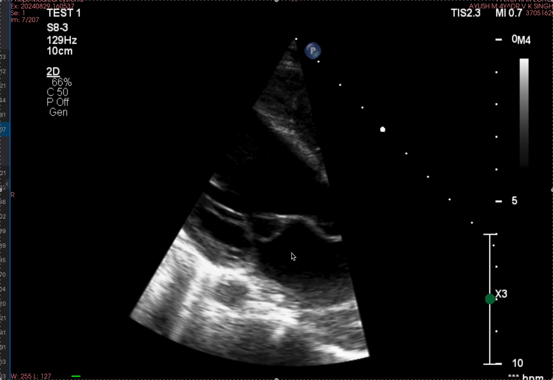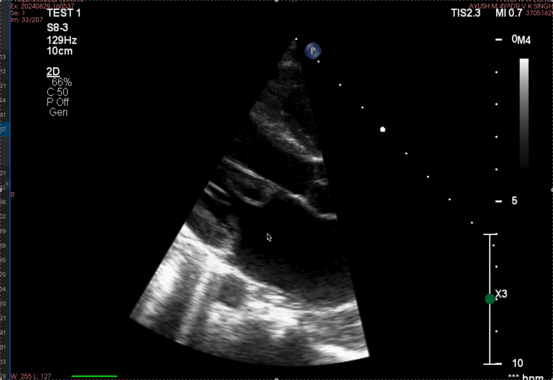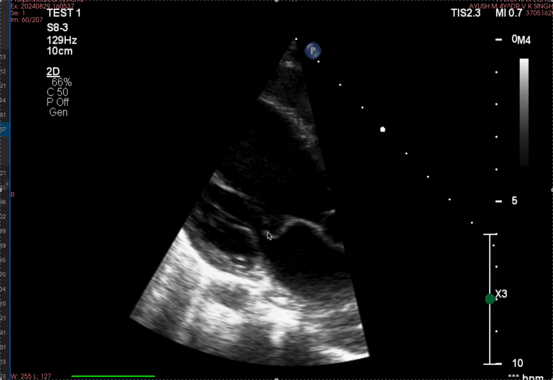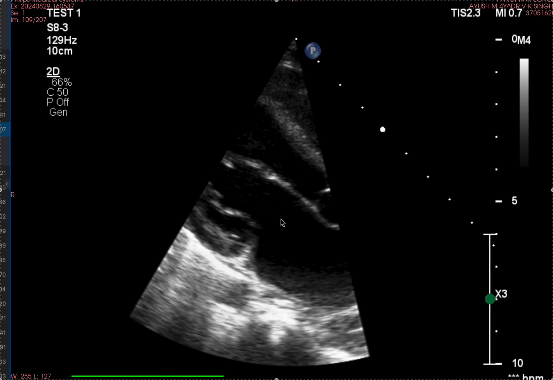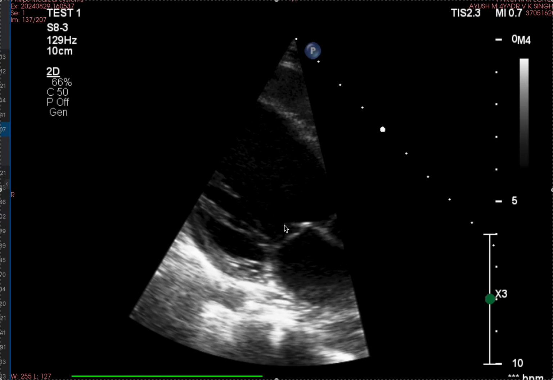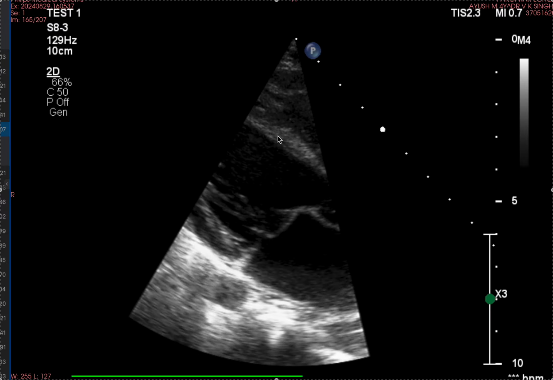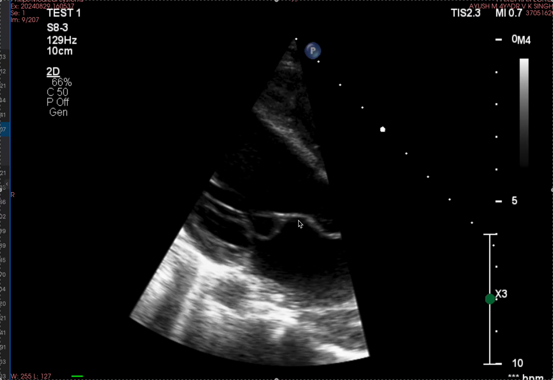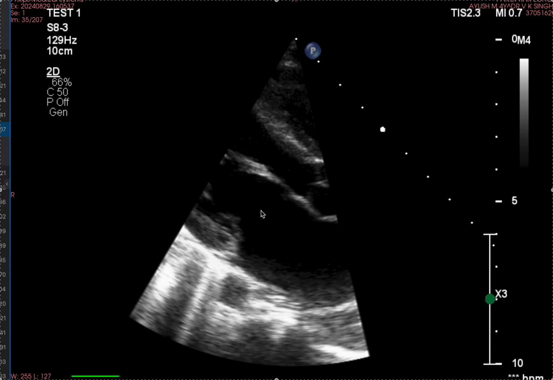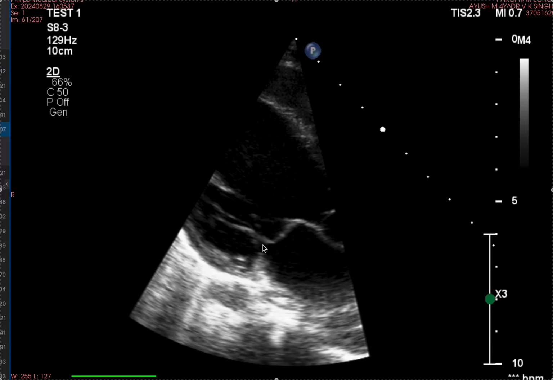So this is the case of anterior mitral leaflet prolapse. Valve thickness is not more than 5 mm, so it is the non-classical variety of mitral leaflet prolapse. That is the point to know. The left ventricle chamber is mildly enlarged, the left atrium is simply prominent, and severity wise it has to be severe.